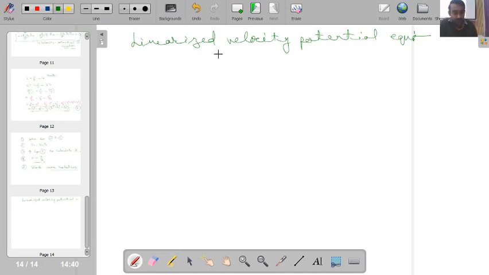Okay, so this linearized velocity potential equation, as I told you, this linearization can only be done if we have applicability of small perturbation theories. When we are talking about the small perturbation theory, whatever our mean flow is, the deviation from mean flow should be very, very minimal.